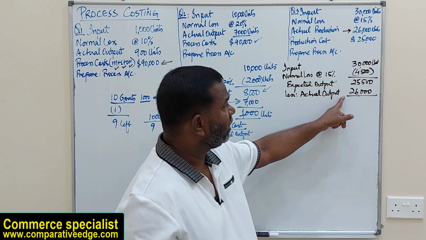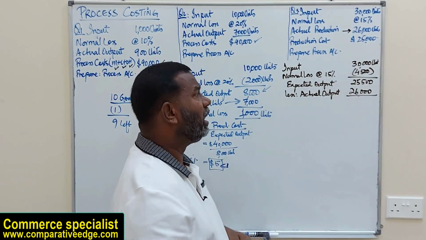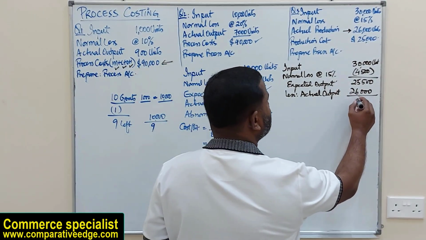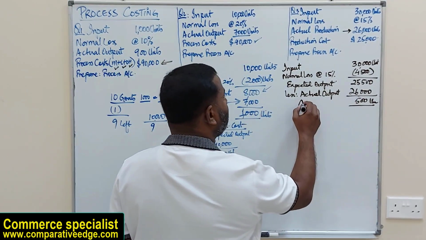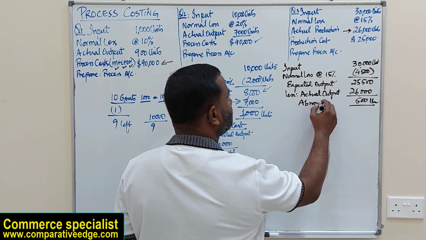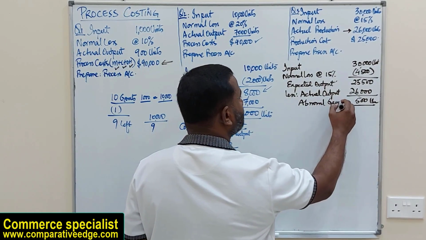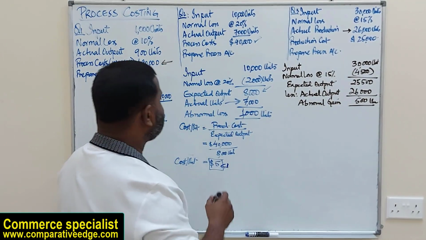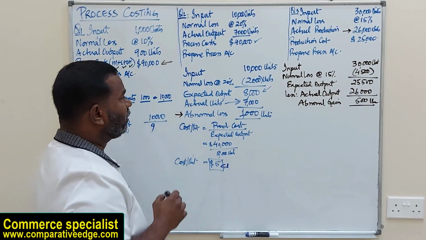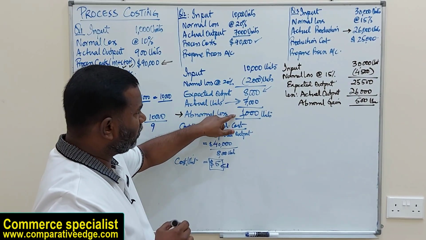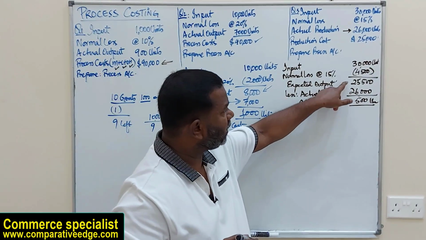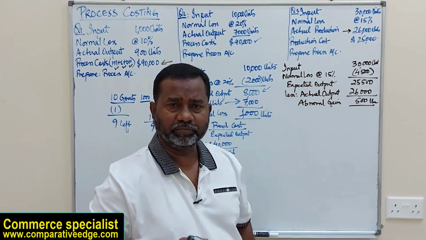But here, the good units are more than that. How much? 500 units. These 500 units are called abnormal gain. Just as we had abnormal loss earlier, because our actual units were less than the expected output, here our actual output is more than expected output, so we have abnormal gain.